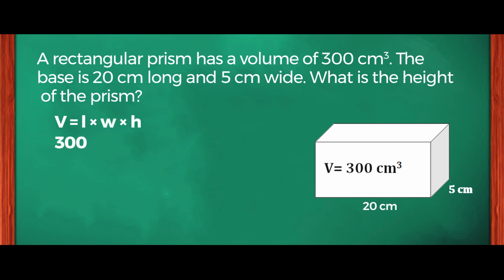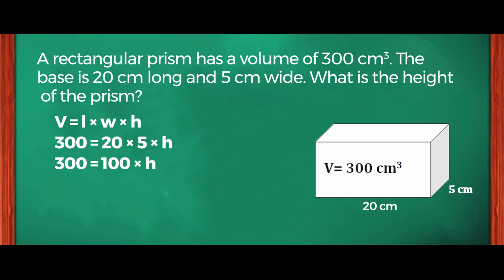So 300 is equal to 20 times 5 times the missing height. So 300 is equal to 100, the product of length and width, multiplied by height.